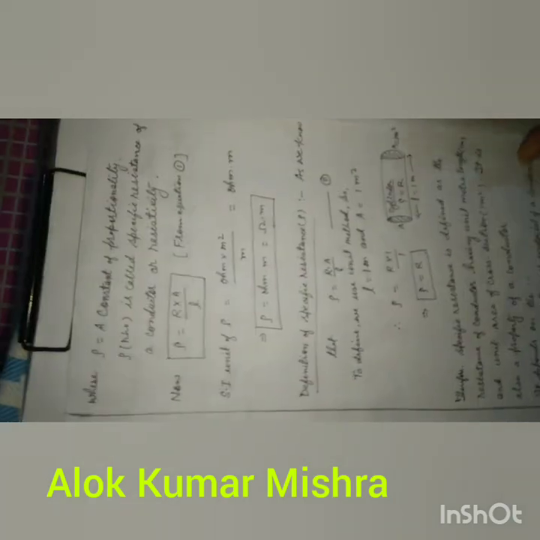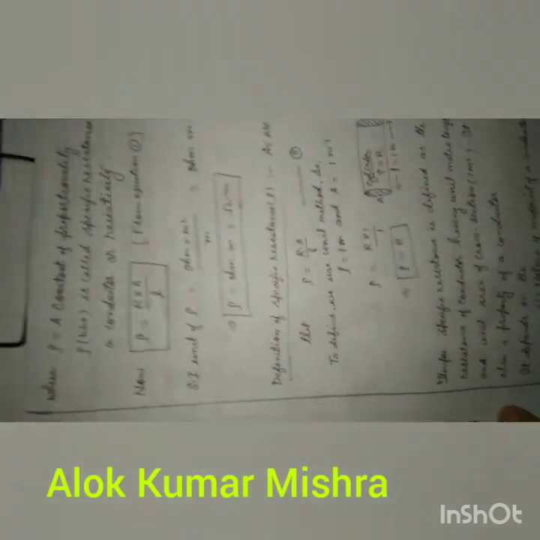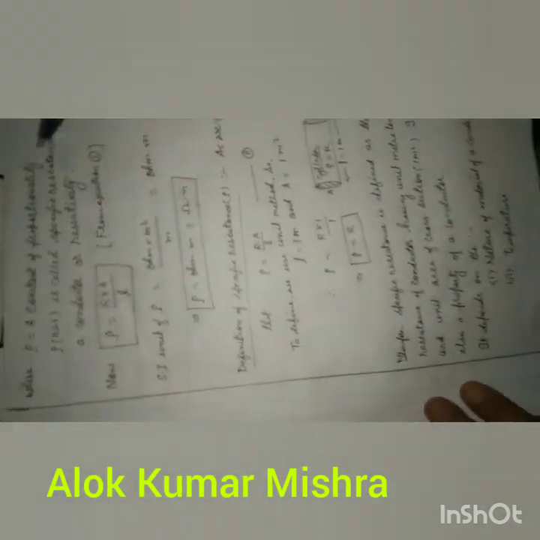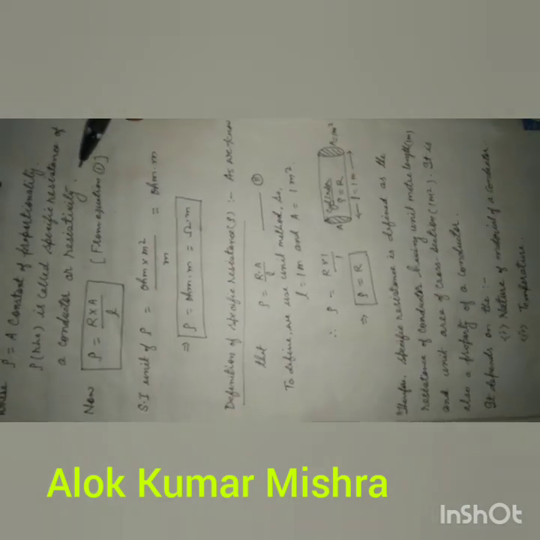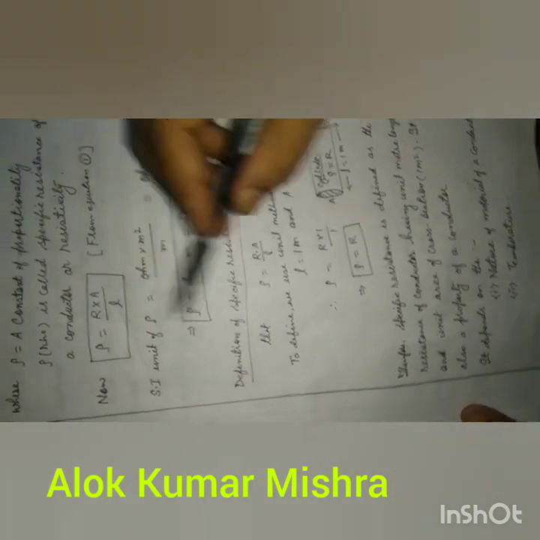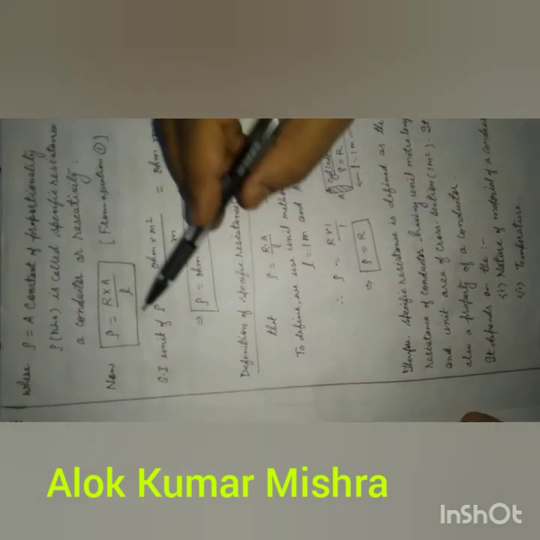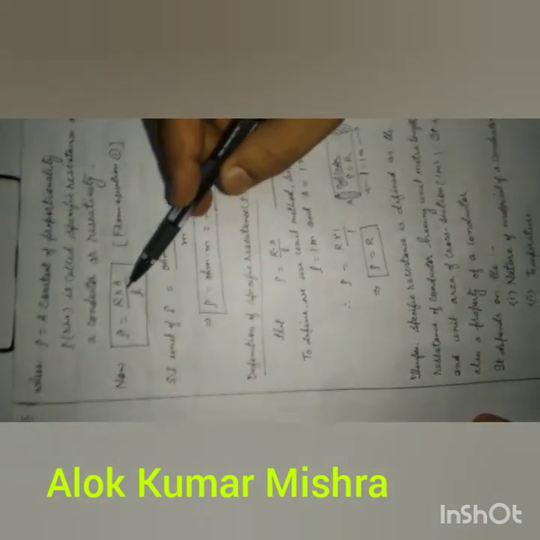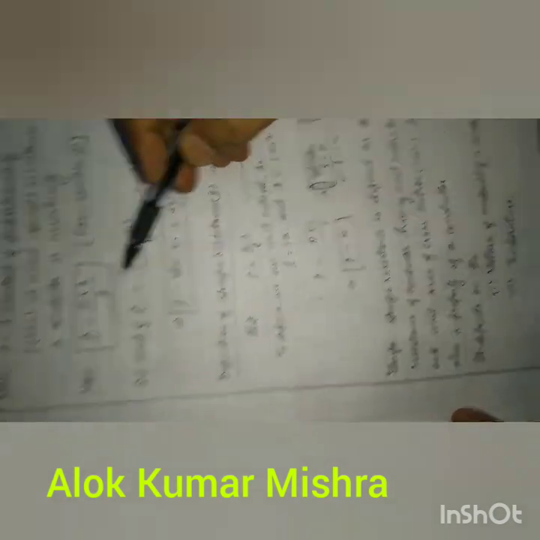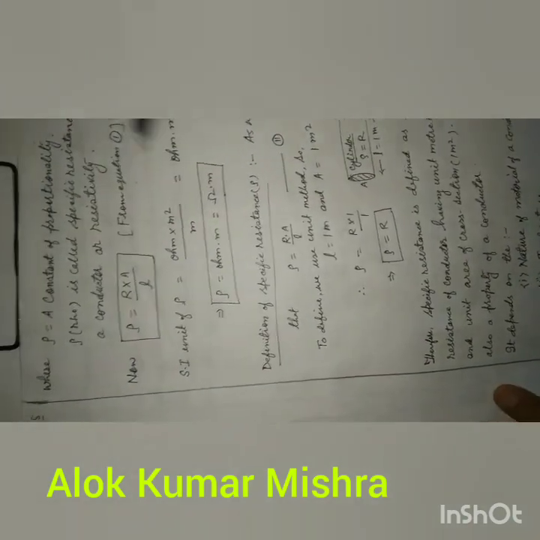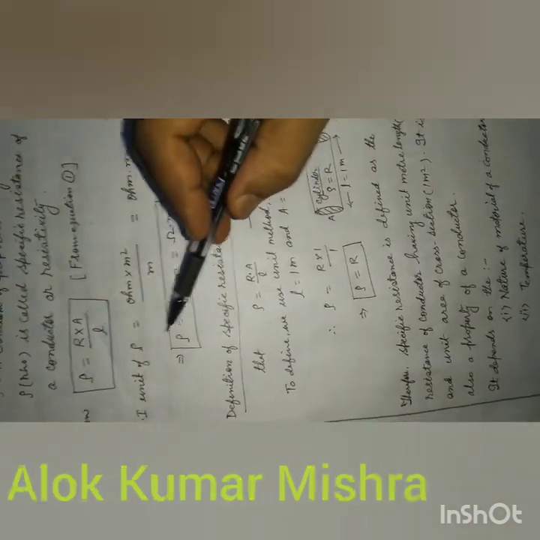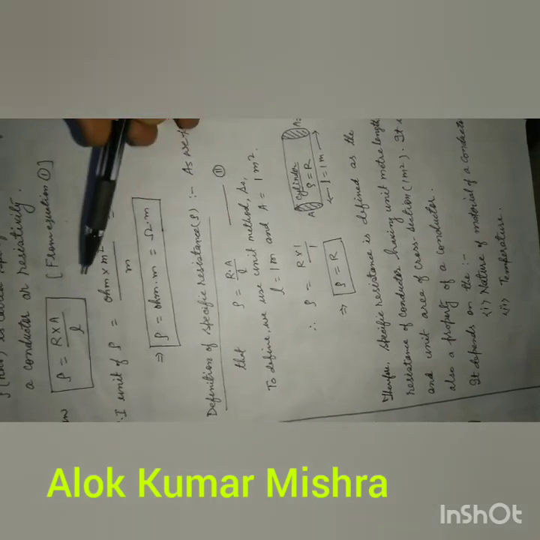Rho is also called resistivity. So from this equation we can find rho is equal to R into A divided by L, from equation 1.